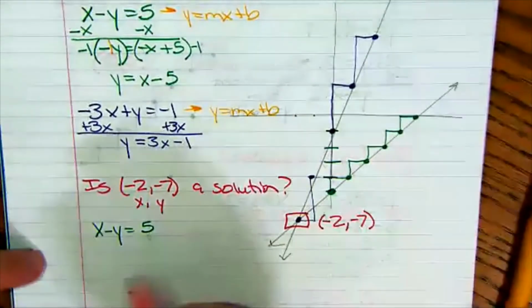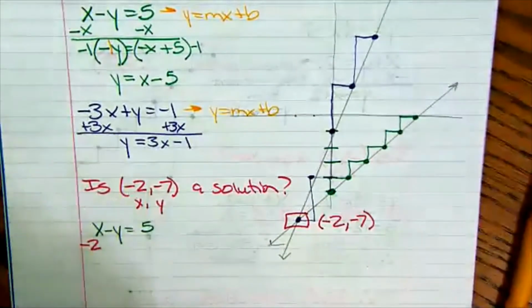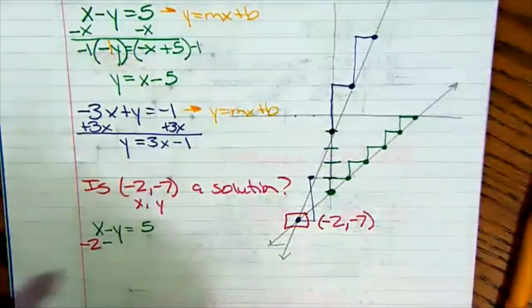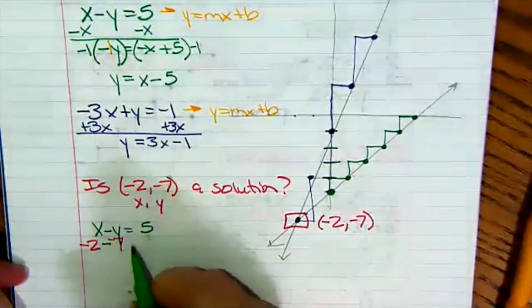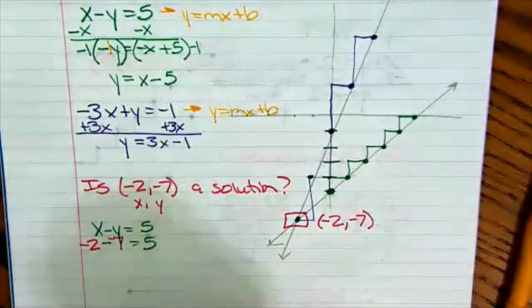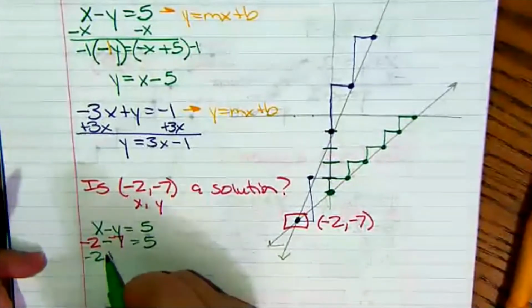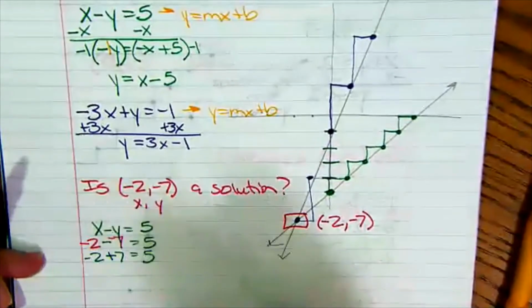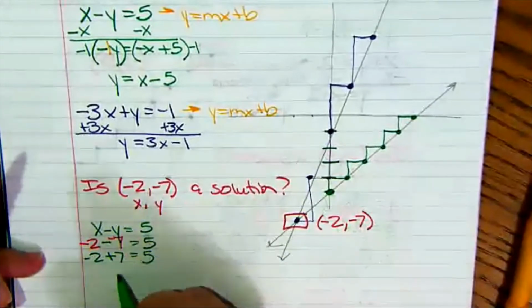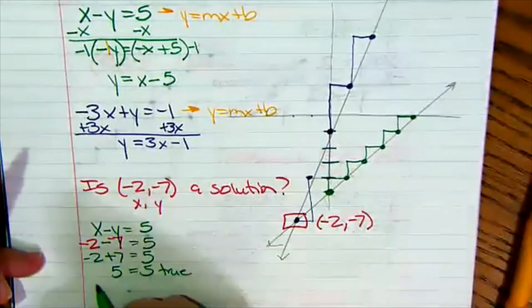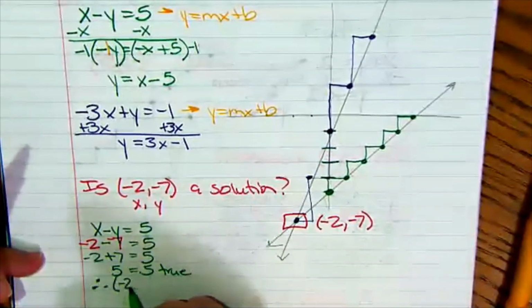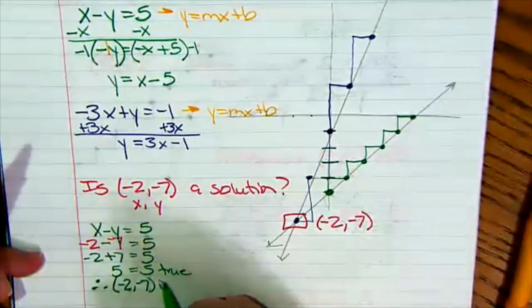And then I'm going to substitute negative 2, negative 7 equals 5. Negative 2 plus 7 equals 5. This is true. Therefore, negative 2, negative 7 is a solution.